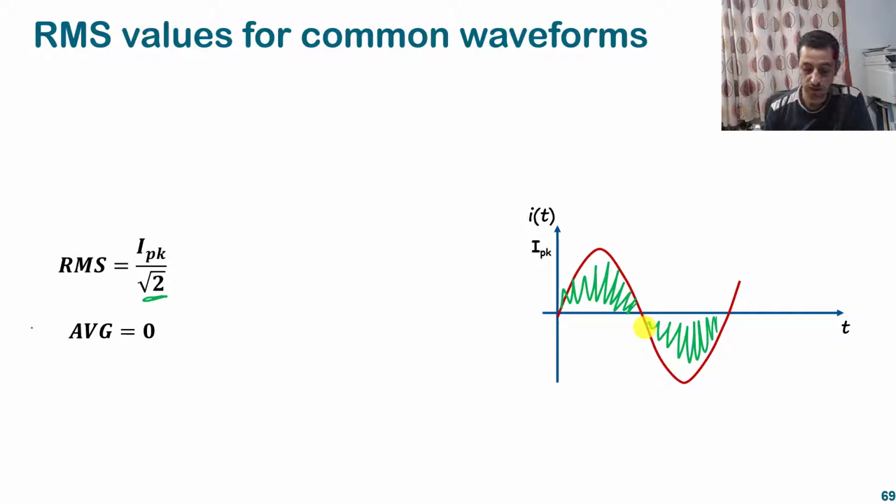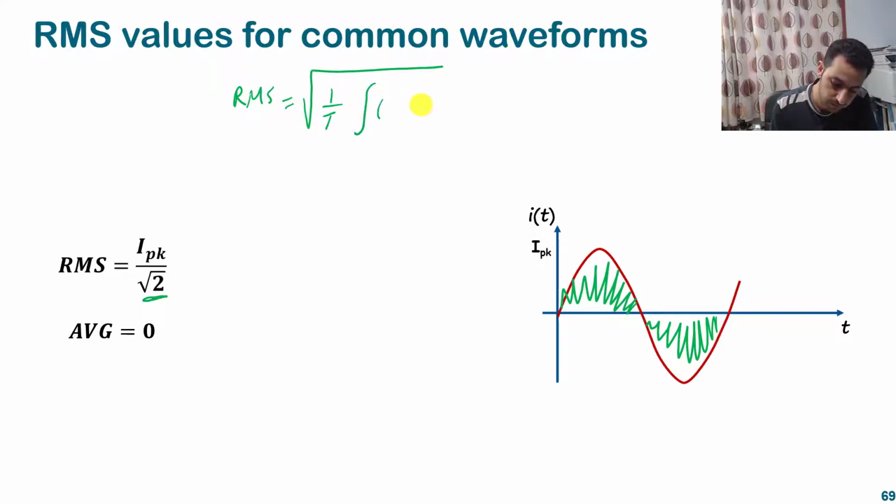And if you want to really prove this one, I will just start it. Okay, the RMS equals square root of the mean value from 0 to T of the squared signal. The signal is I peak sine omega t.